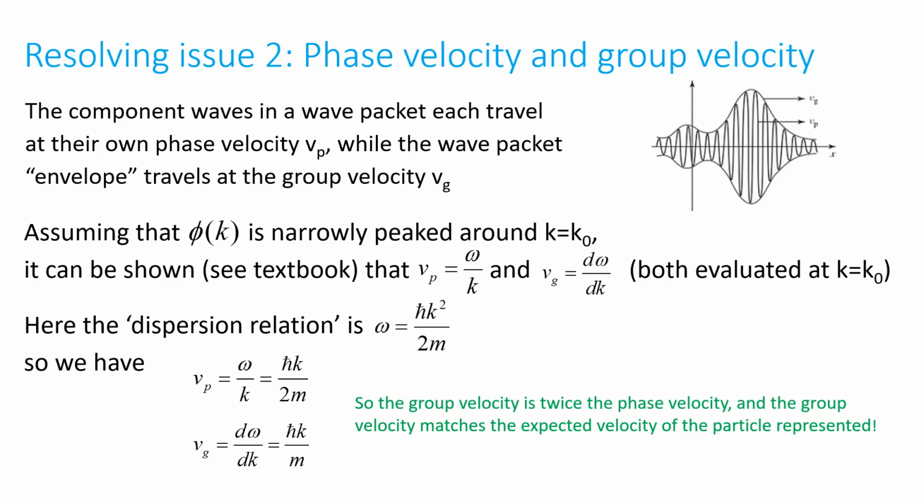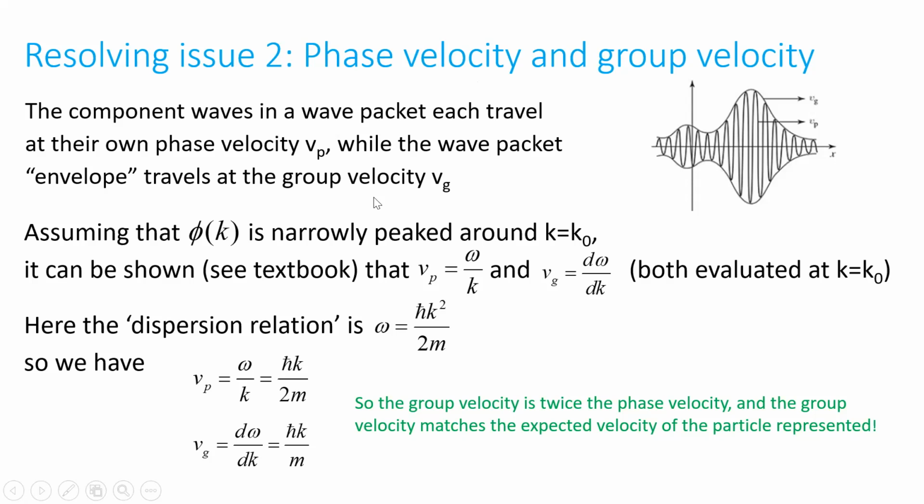Okay, so just to sum up real quick, we've seen that we can take the free particle, we can get stationary states, which are complex exponentials. We see that there are 2 issues with them. One, that their phase velocity is a factor of 2 too small, and 2, that they're not normalizable.